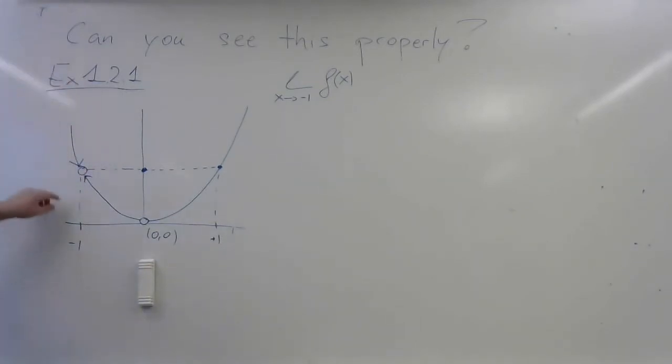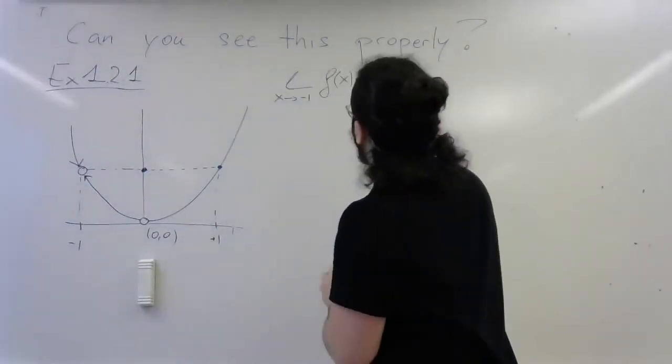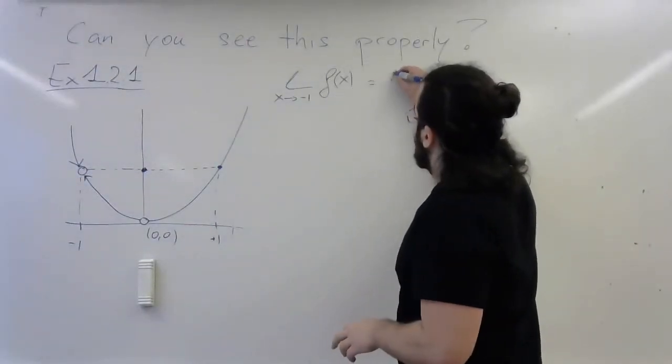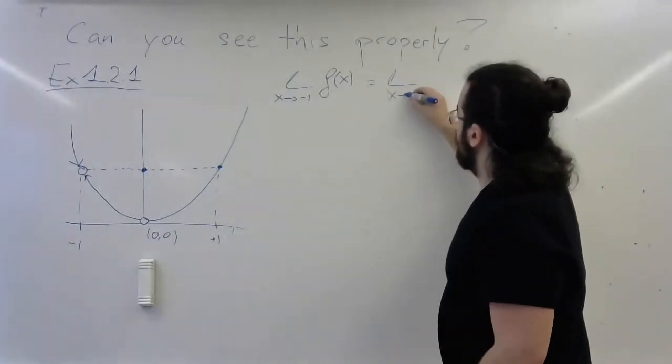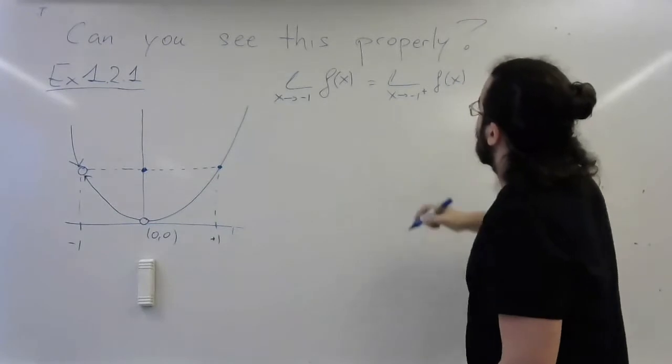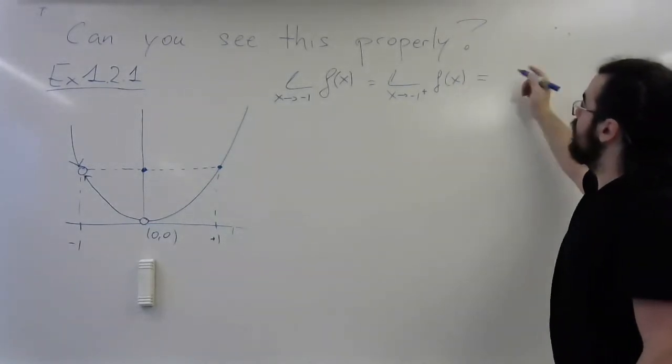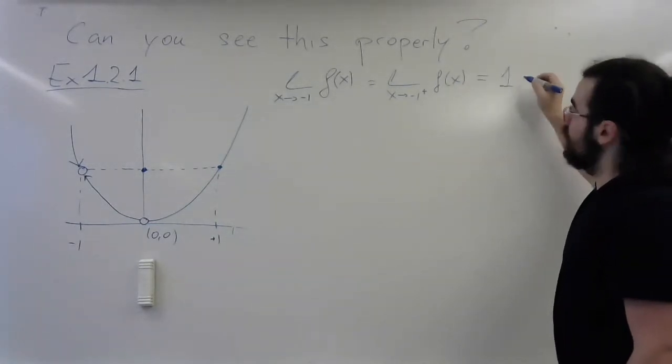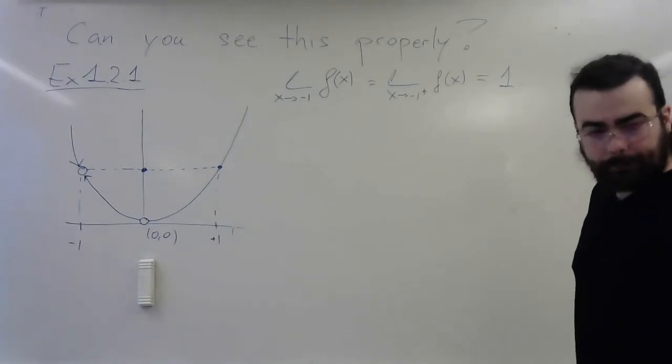And what we have here is that both side limits, if you approach the function from the left and if you approach the function from the right, go to the same point, and that point is (-1, 1). Okay? So in this case, you could say the limit is 1.